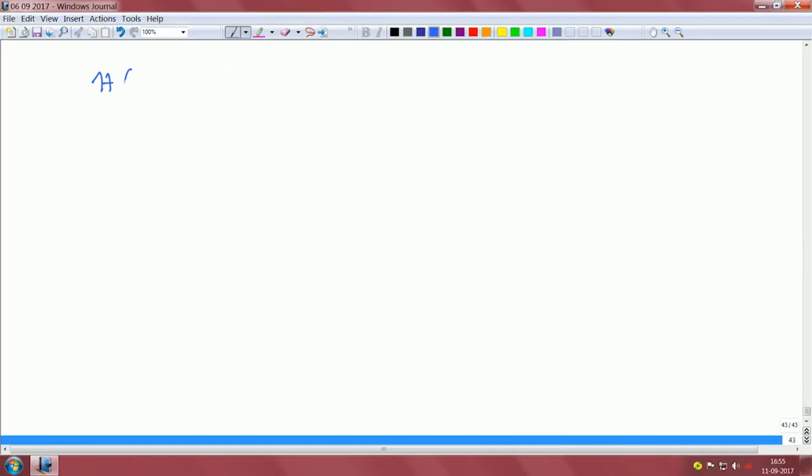Now I can write h of z as summation n equals minus infinity to plus infinity h of n times m z power minus n times m. So basically I look at modulo m components, right.